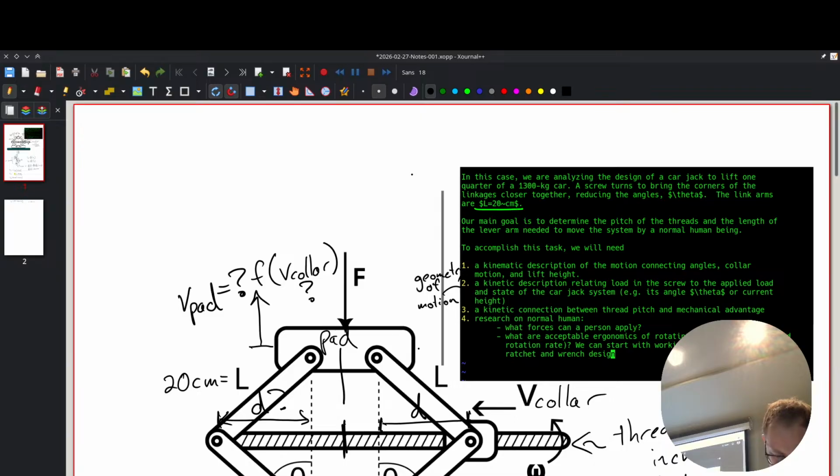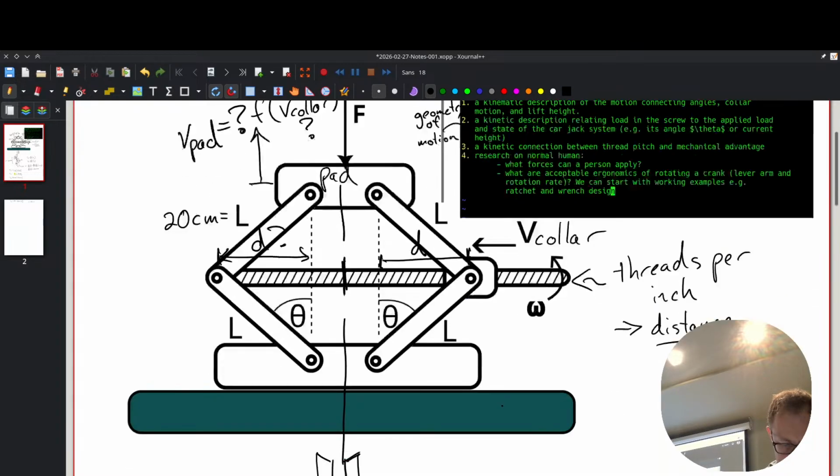And I'm trying to see if I specified what the V of the collar was, or if that's just for us to choose. We can choose it.